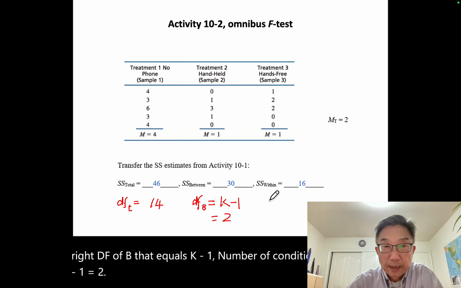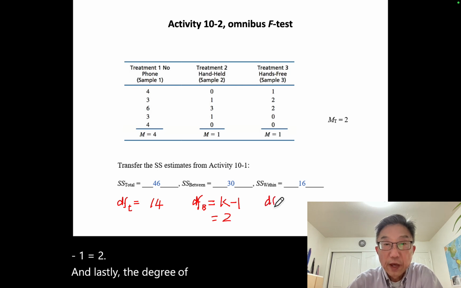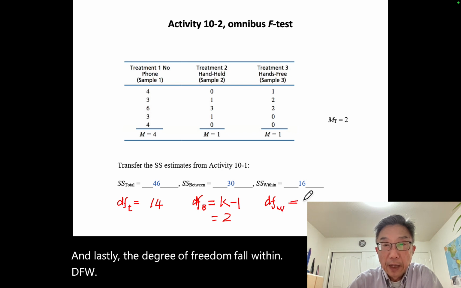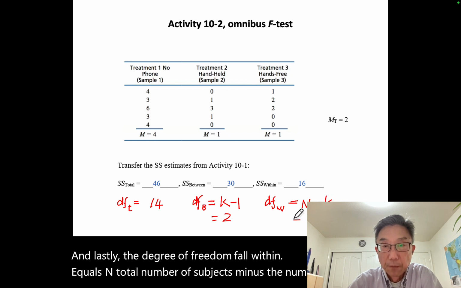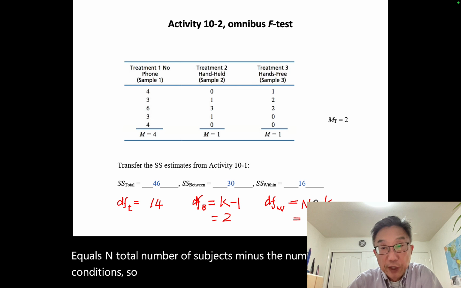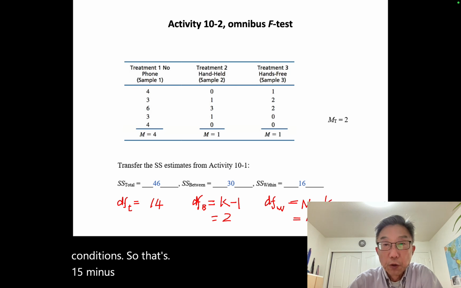And lastly, the degree of freedom for within, dfw, equals n, the total number of subjects, minus the number of conditions. So that's 15 minus 3 equals 12. Okay, so we have 2 and 12 degrees of freedom.